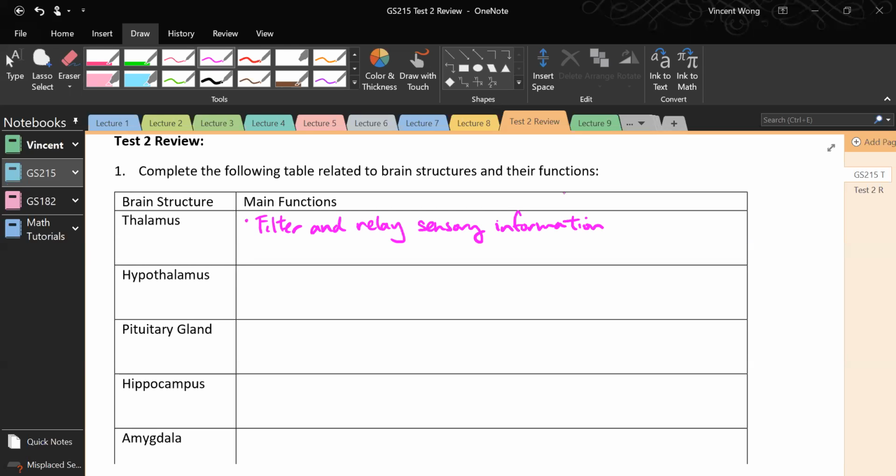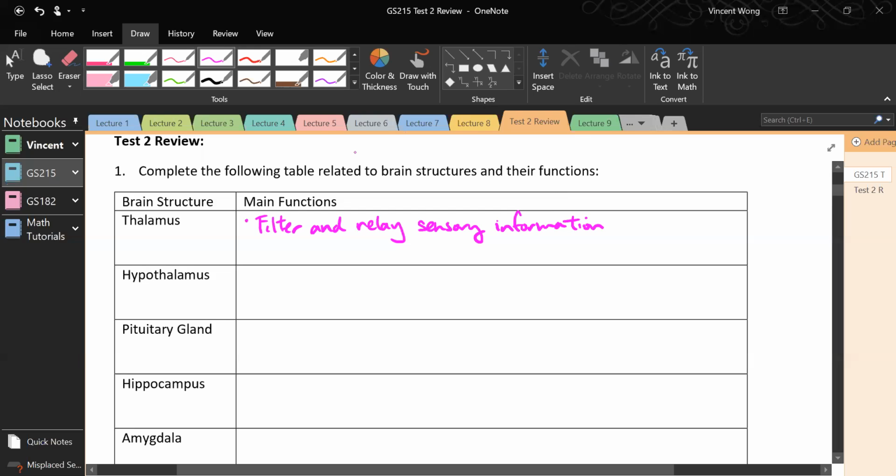If it's information related to taste, it is going to go to the gustatory region of the brain, which is located on the insula. Okay, if it's sensory information related to touching a hot surface, that's going to go to the parietal lobe, right? So all sensory information will go through the thalamus except for smell.